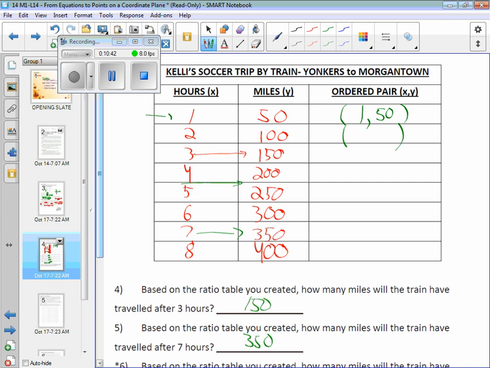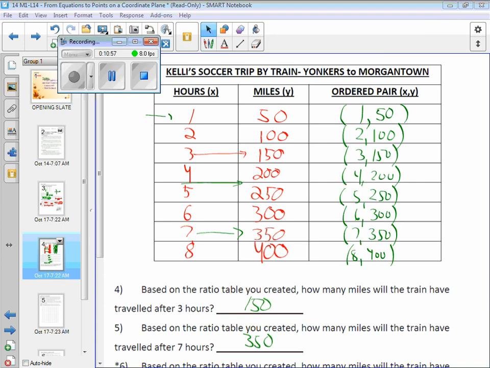What should the second one be? Charlie. Complete the rest. Don't make it any more difficult than it needs to be. You're just taking the two values and grouping them together, and this is what it should look like when you're done. We're now going to plot these points on the coordinate plane.